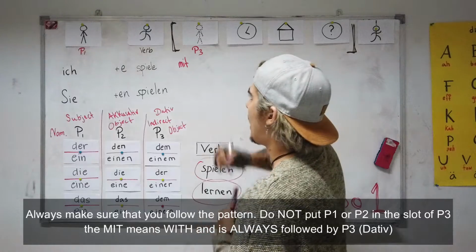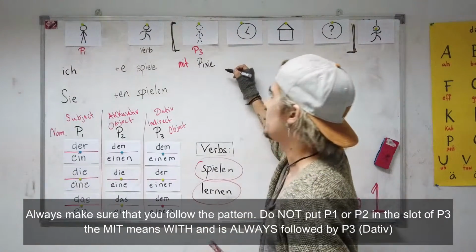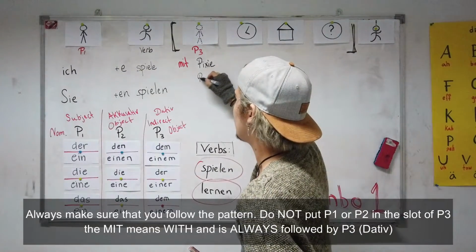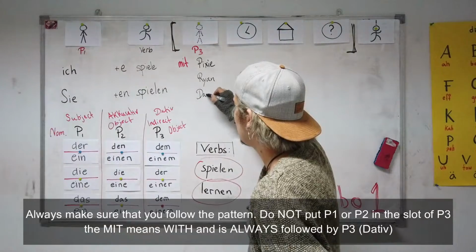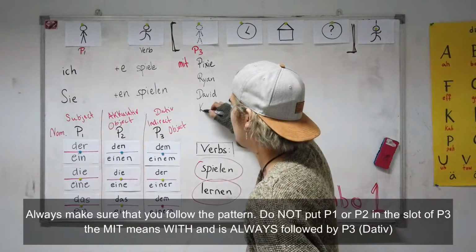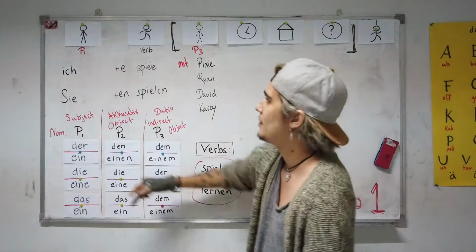So for example, we're going to add this name, Pixie. We can also add Ryan, for example. You can also add David. You can also play with Karcy. Shout out to Karcy Viola.